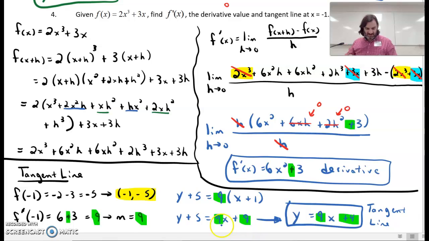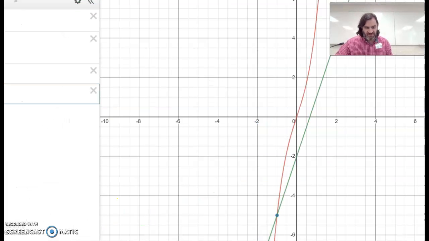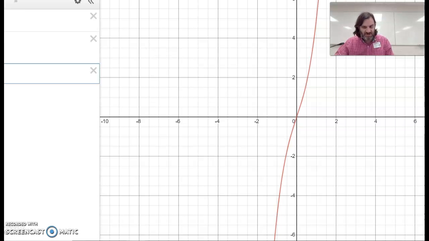So let's see here. I'm going to go over to the graph I made. So I need to get rid of this tangent line that I've got. But right here in red, I've got the graph of 2x cubed plus 3x. It looks like an x cubed graph, a little bit changed.